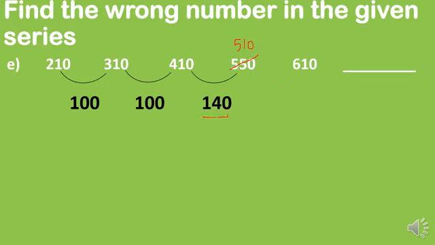And if the number is 510, then with the gap of 100 the number would be 610. If you write the correct number here as 510 and add 100, your number becomes 610. That is correct. So in this series the wrong number which is given is 550. It should be 510 for making it correct. So the wrong number is 550.